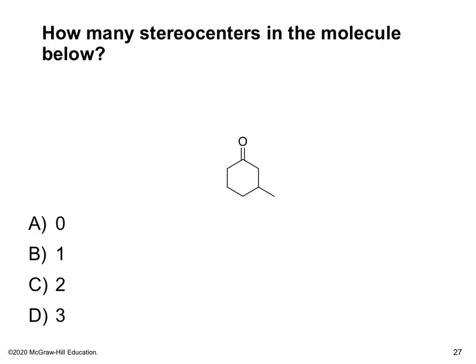How many stereocenters in this molecule? Okay, hopefully you answered 1, and this is it. It has a hydrogen and a CH3, and then if you work your way out, those are the same, and then you get here, this is an sp2 carbonyl, and this is a CH2.